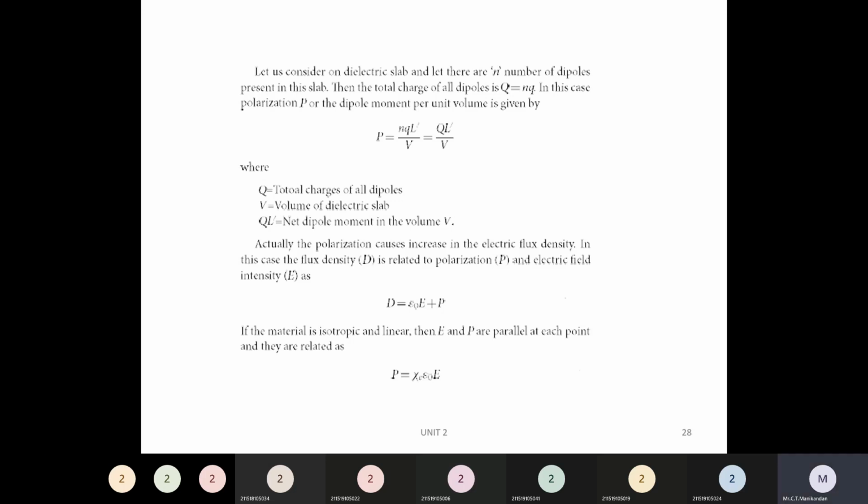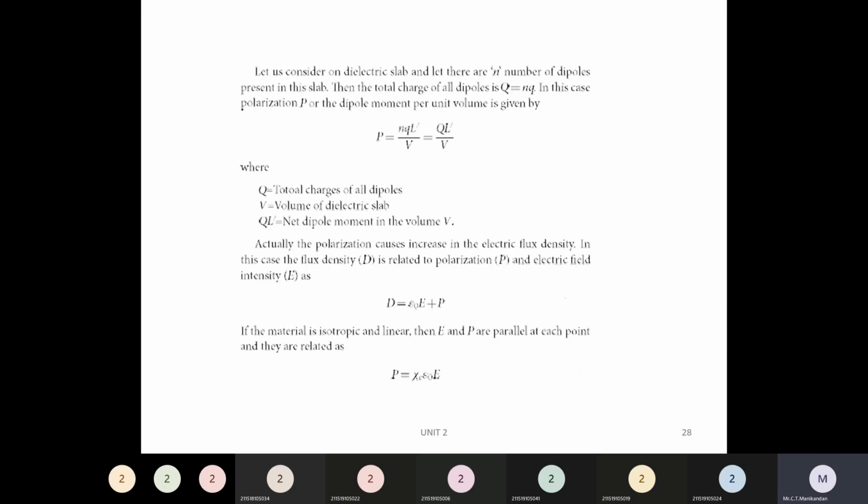So P equal to epsilon naught E into the dielectric susceptibility. Then D equal to epsilon naught E into 1 plus susceptibility.